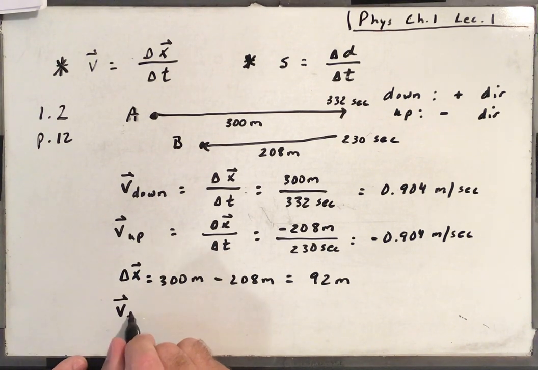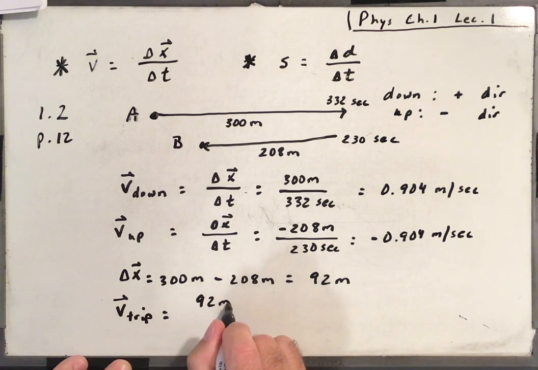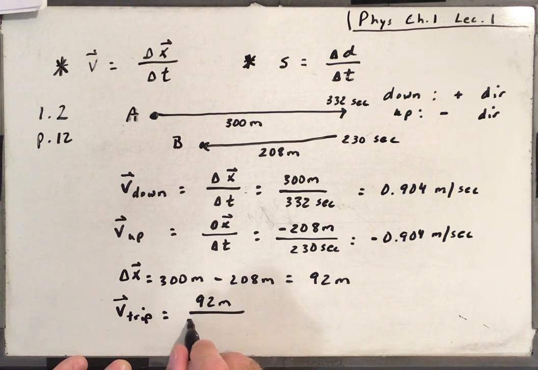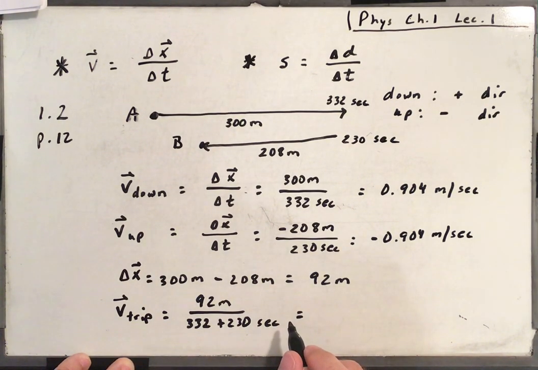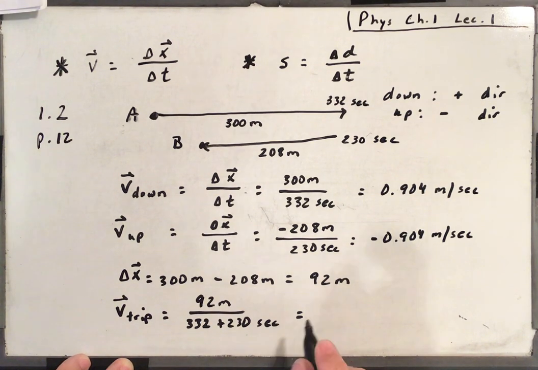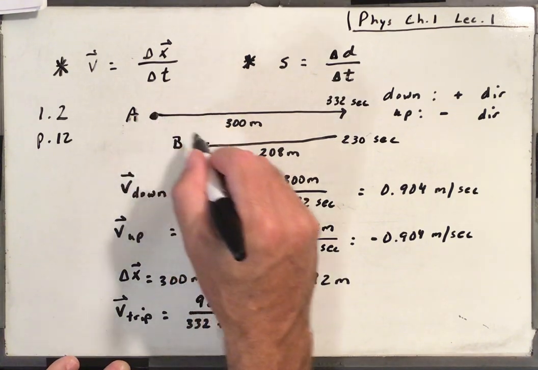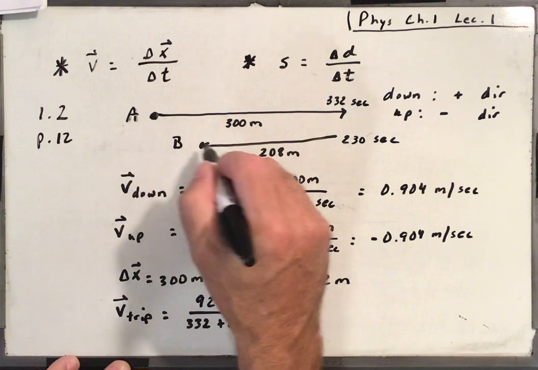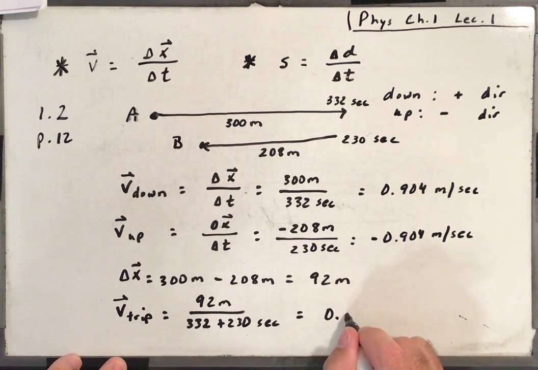So the velocity of the whole trip is going to be 92 meters over, and you have to use the whole time, 332 plus 230 seconds. So that's going to be 0.16 meters per second. It will be positive because the mail person ended up down the street. Okay, so 0.16 meters per second is what I have.